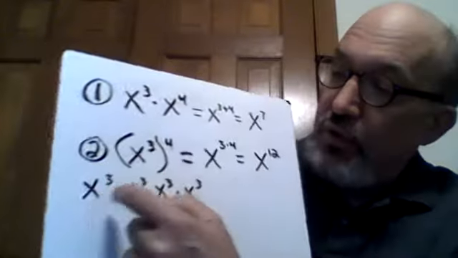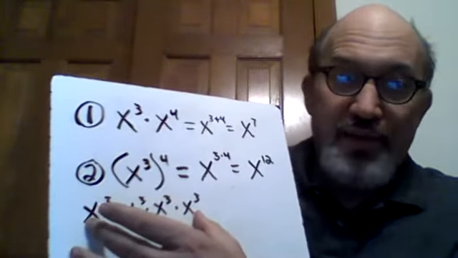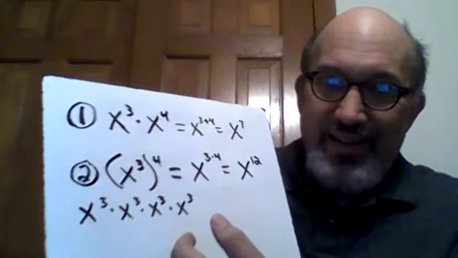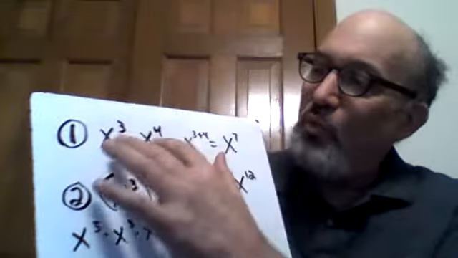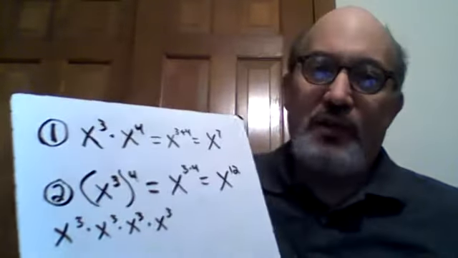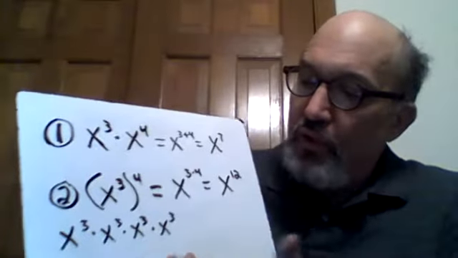So what I wrote here originally is nothing more than an abbreviation for this: x to the third times x to the third times x to the third times x to the third. 4 of them. Now, this situation can take us back to rule number 1. Rule number 1 only has 2 powers of x multiplied together, but it can be extended to any number of those.